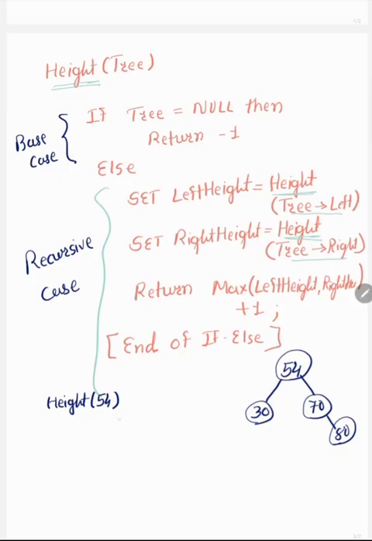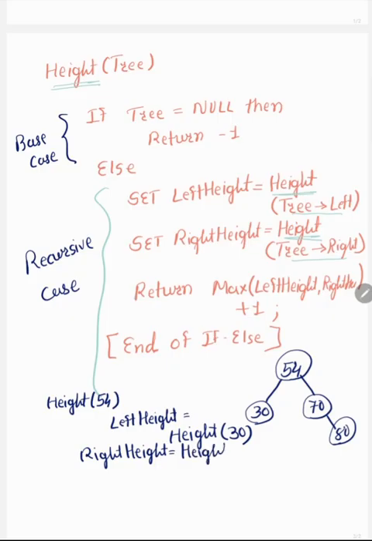Here I'm setting left height equal to height of tree's left, which is 30. And right height equal to height of 70.